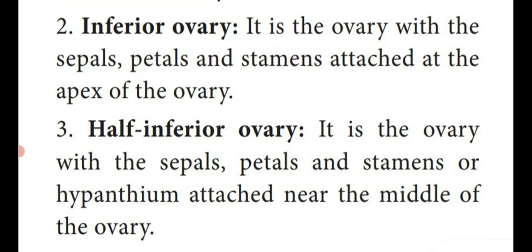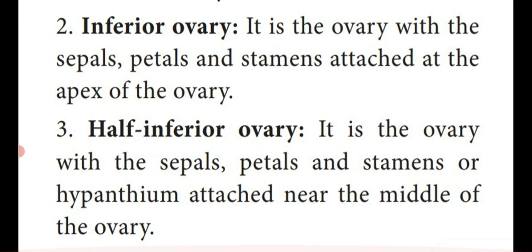Second one, the ovary with the sepal, petal and stamen attached at the top or apex of the ovary is known as inferior ovary. That means the ovary is at the base, other floral whorls are at the top.